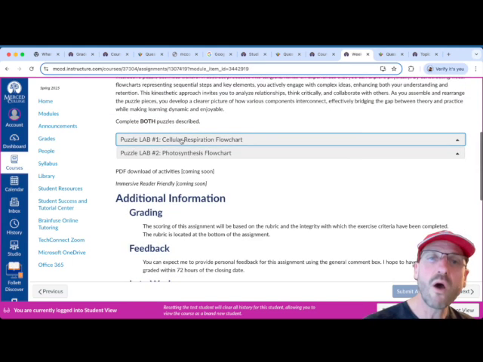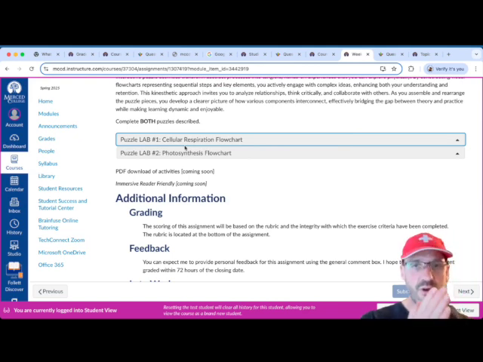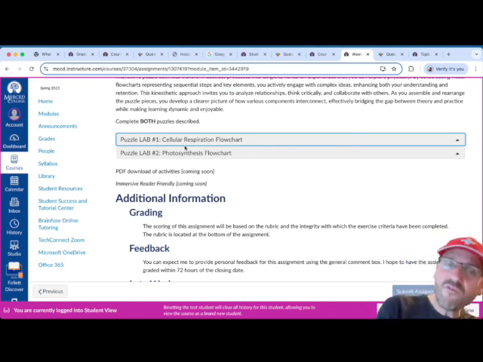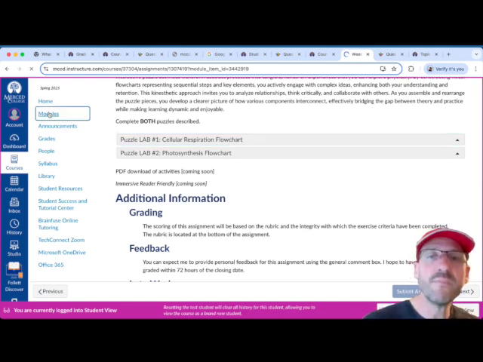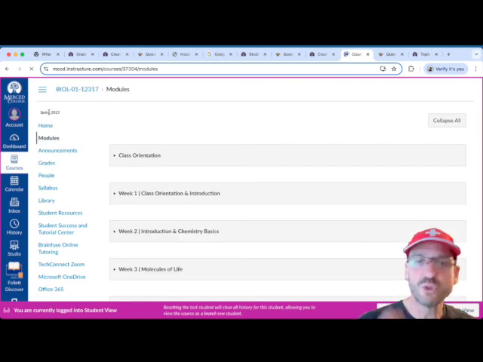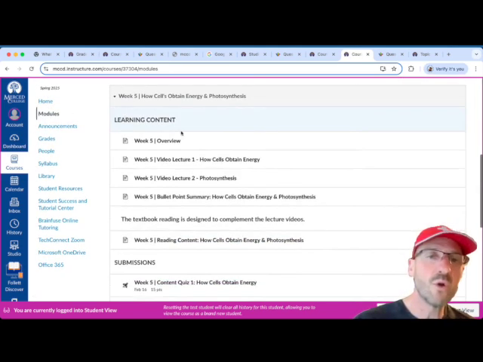I want you to do both of them, because we have a step-by-step process of making energy in the cell, and then the step-by-step process of photosynthesis that creates glucose from sunlight. We want to make sure we understand those as well as possible, and help me understand how this way of going through the material, the puzzle lab as I called it, works for you.